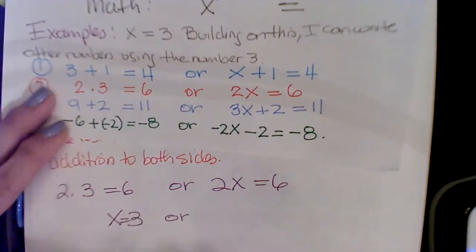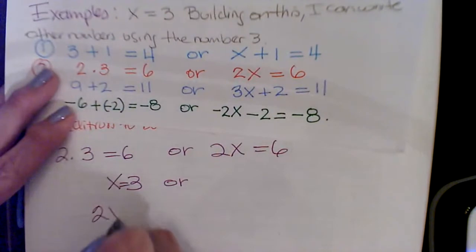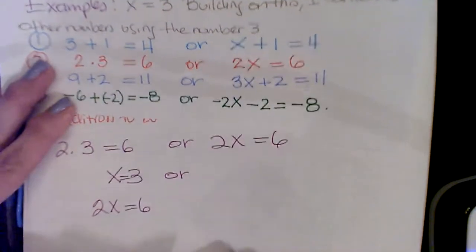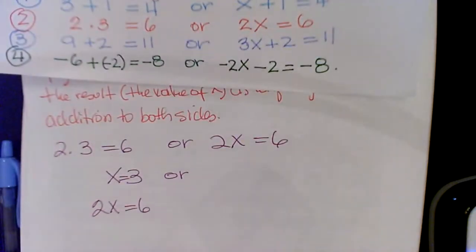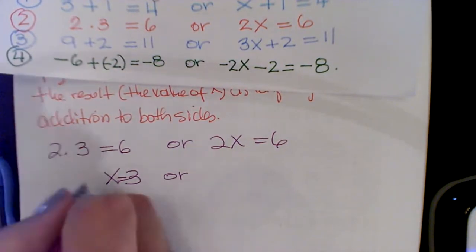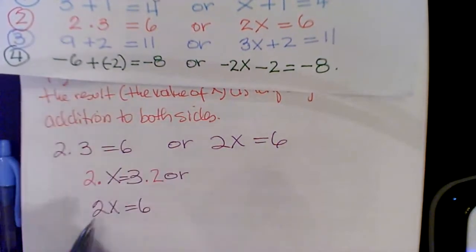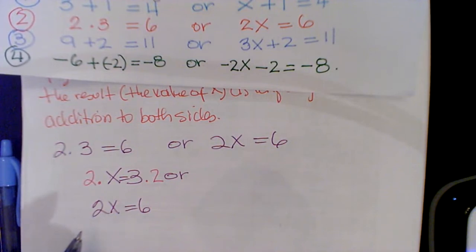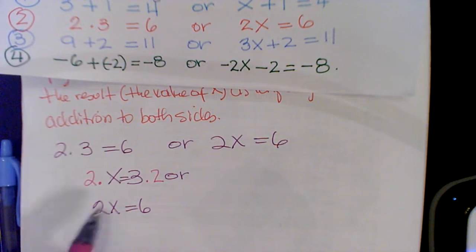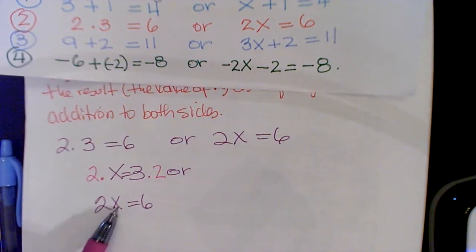What's the difference, right? If we multiply both sides by 2, and what happened? If we have multiplied both sides by 2, we did not change the value of x.